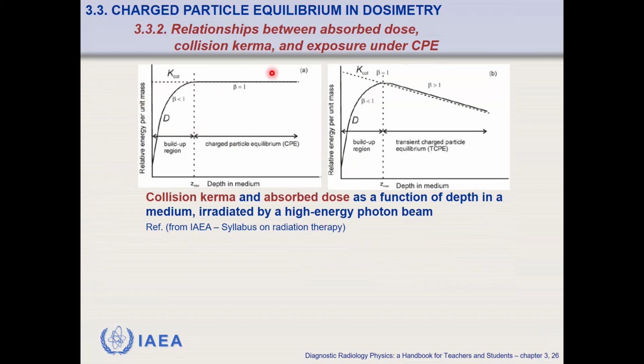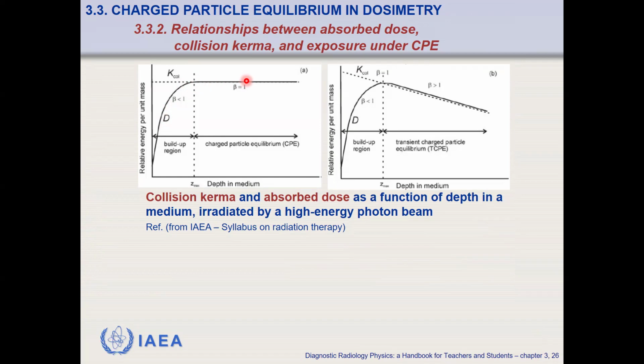So in the figure, first figure A, the dose delivered per unit mass, which is D, rises, it increases initially due to the buildup of secondary electrons liberated by photons, until we reach a stage where we have stable variations, we have equilibrium.